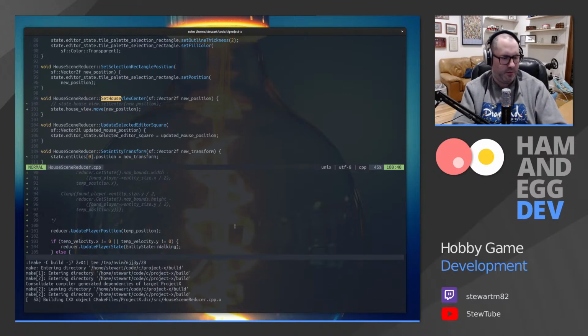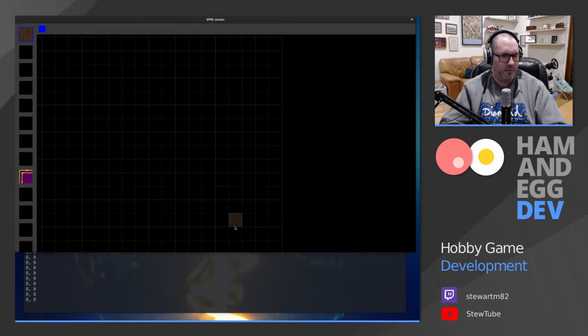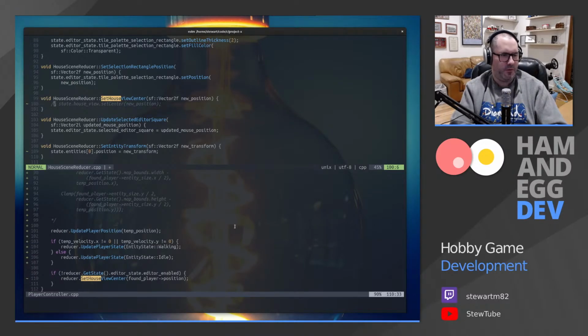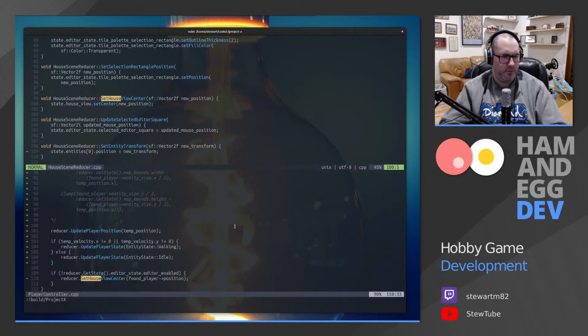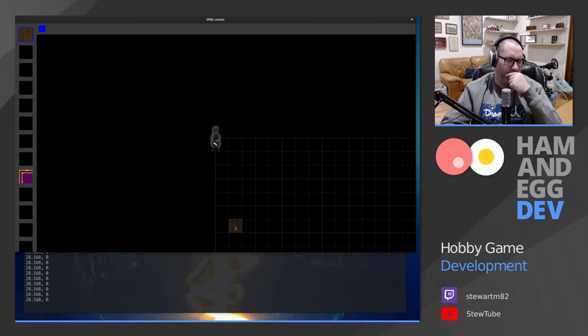Should we be moving the view rather than... no? No, that definitely not. Okay, so I'm going to assume that that's the right view call. It looks like the player's position is updating, but they stayed nailed or rendering at that spot.